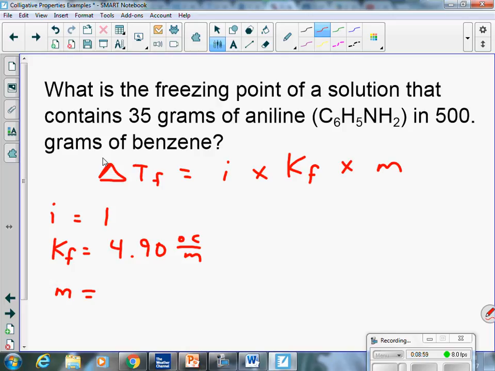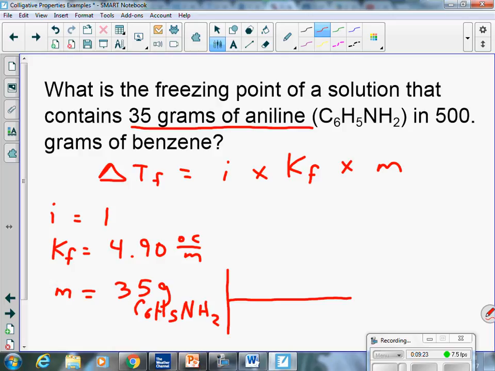So I'm going to have to convert 35 grams into moles. So 35 grams of C6H5NH2. Do my flux capacitor.